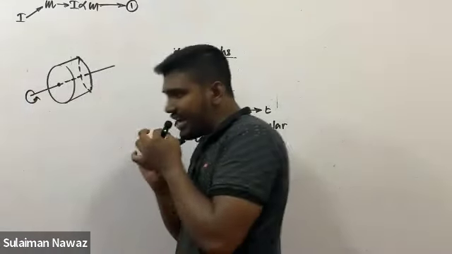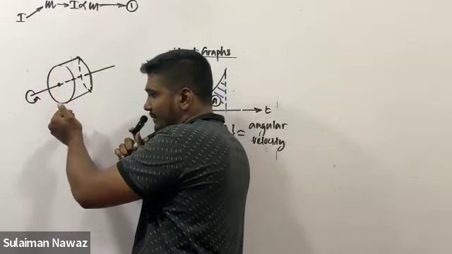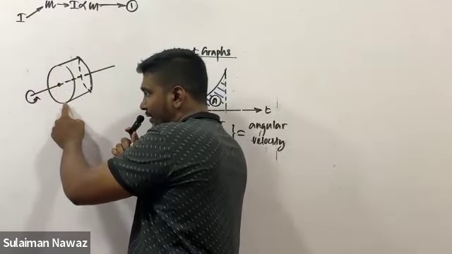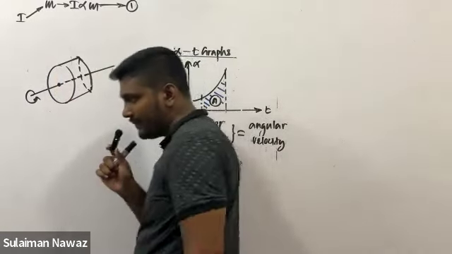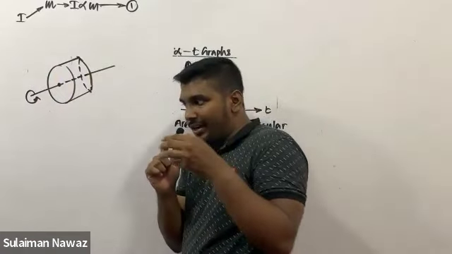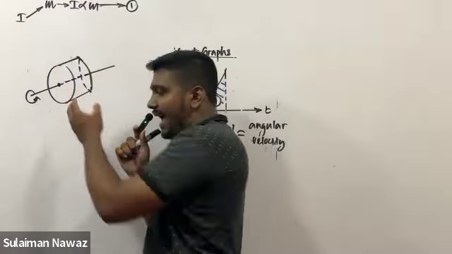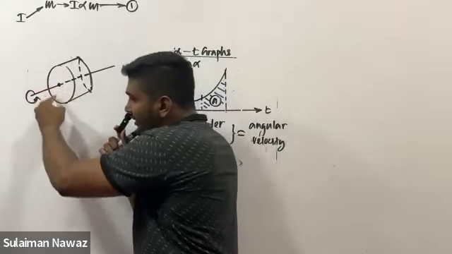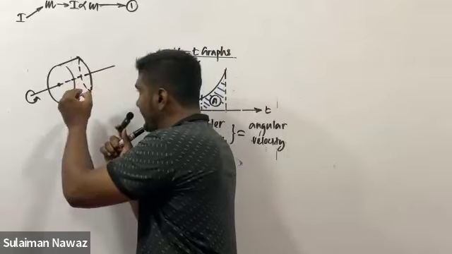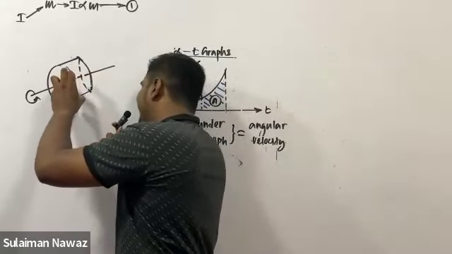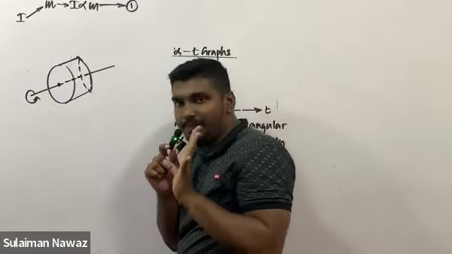Now this moment of inertia depends on the distance from the axis of rotation. When you consider this solid cylinder, the material has spread evenly throughout this region.